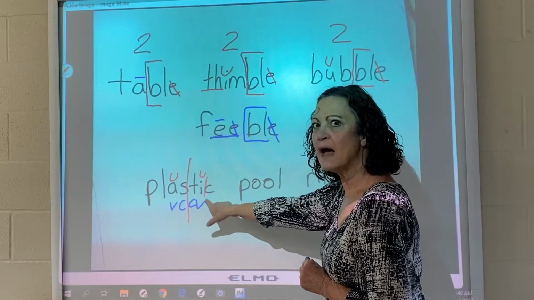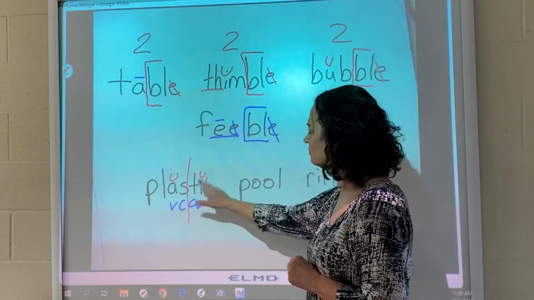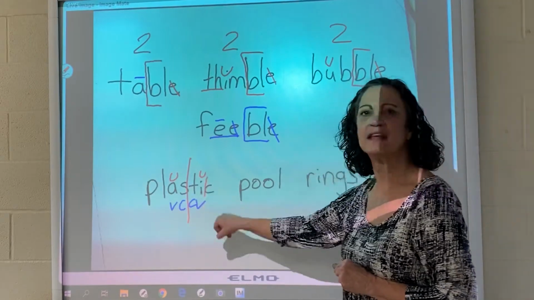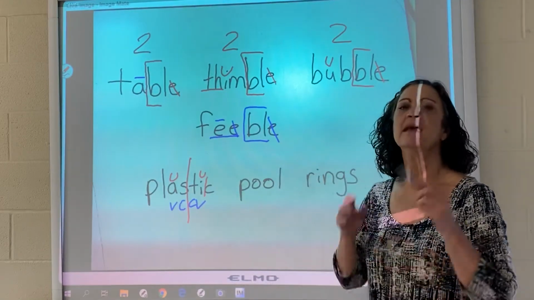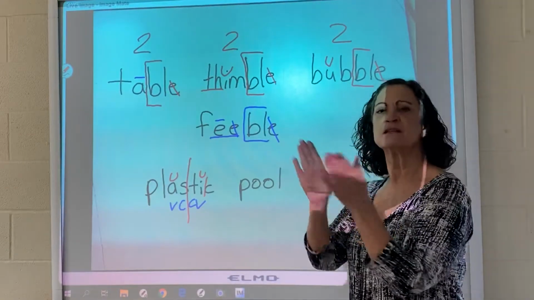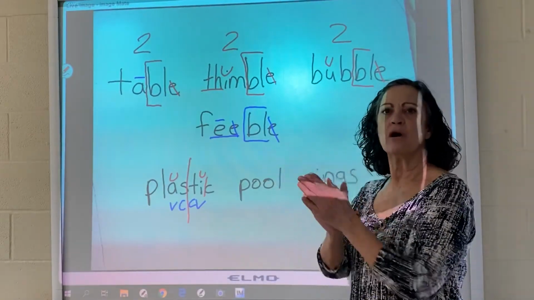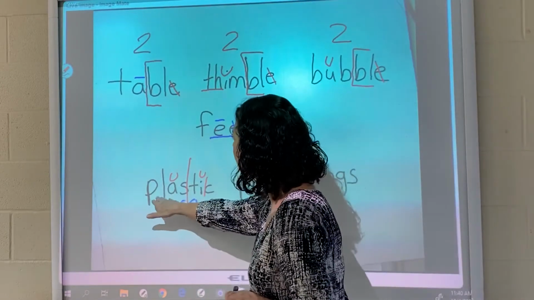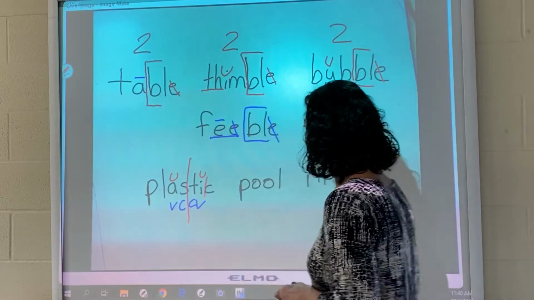Remember our rule, it's the C at the end of a word that only comes if it has 2 or more syllables. Remember, syllables are those things we clap out. My last name, Bocard, has 2 syllables. This word is plastic. Okay?